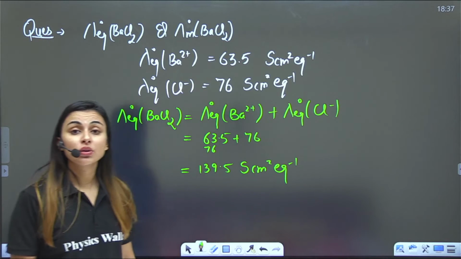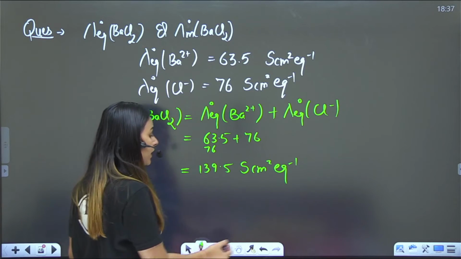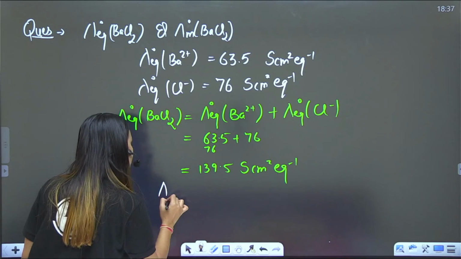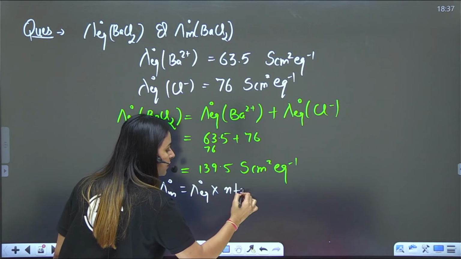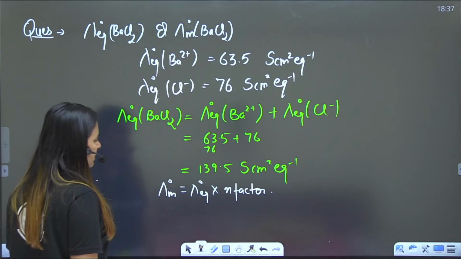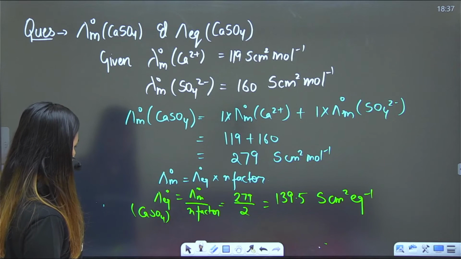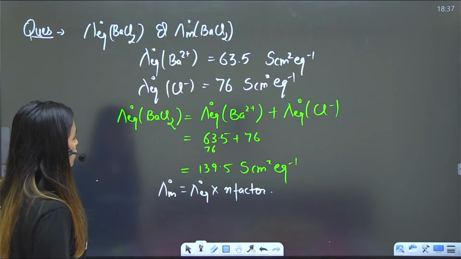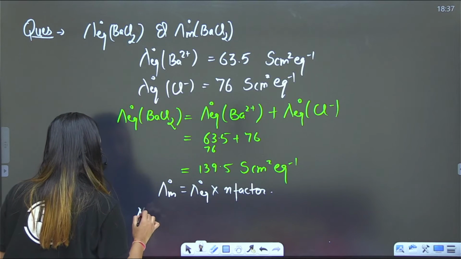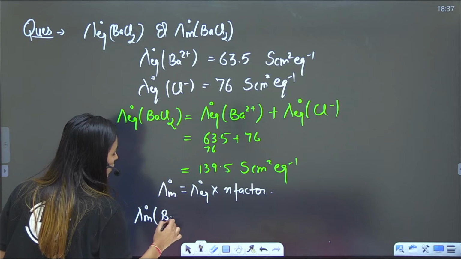Now you need to calculate the limiting molar conductivity as well, and we know that limiting molar conductivity is equal to limiting equivalent conductivity into n factor. So now you have to calculate the limiting molar conductivity of BaCl2.